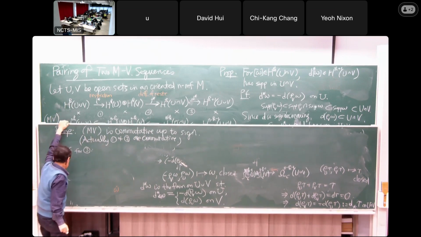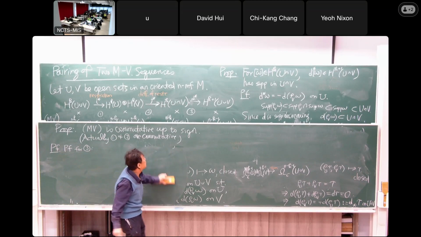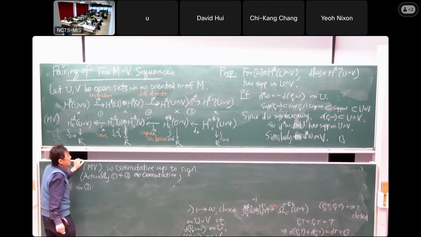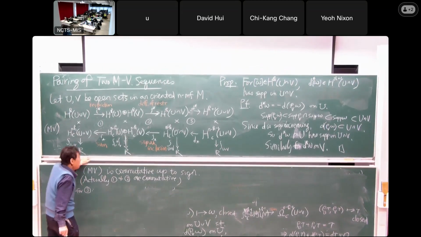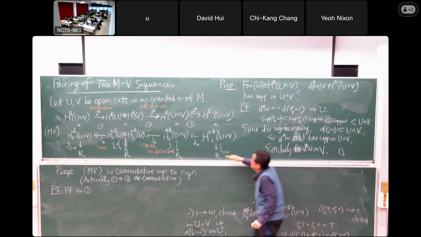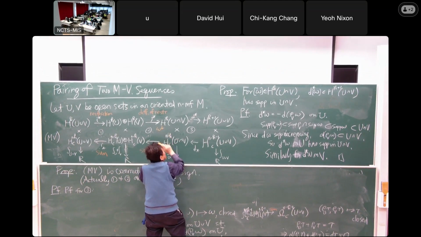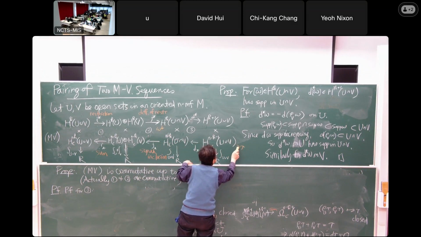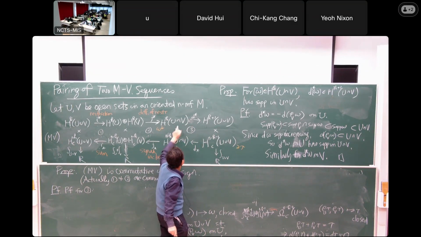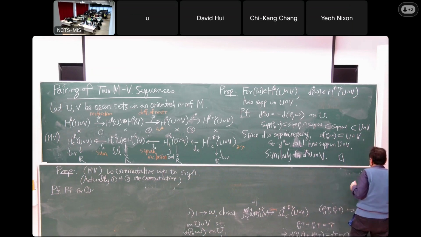What we have to show is that if you start with an omega here and a tau here, then going around the diagram in the two ways will give you an equality up to sign.